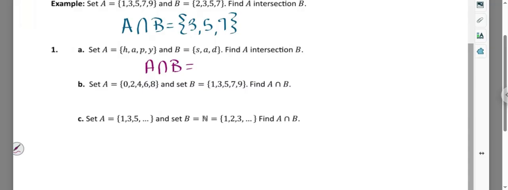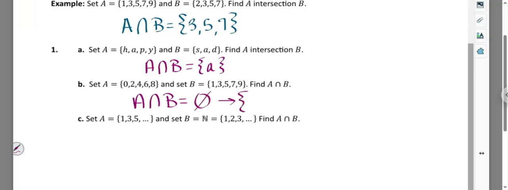The only letter that's in both of those sets is A. What about for B? Numbers in A that are also in B. There are not any. So it is the empty set.